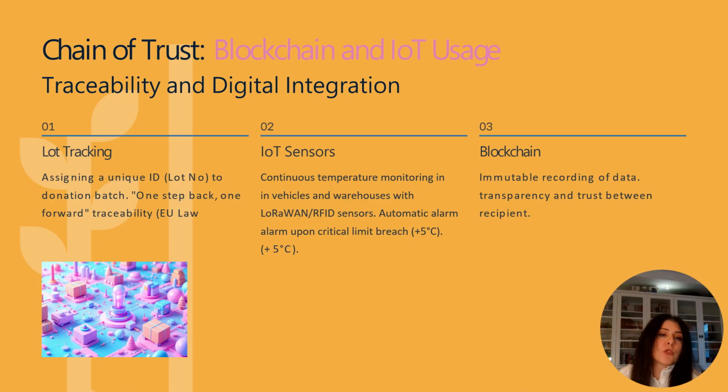But the real revolution is happening with IoT sensors and blockchain. Imagine a donation truck gets stuck in traffic and the box temperature rises to 8 degrees Celsius. The sensor instantly reports this to the cloud, and the blockchain records this data immutably. Receiving institutions see the product's history transparently. Blockchain eliminates the suspicion of whether the cold chain broke between parties with mathematical certainty.